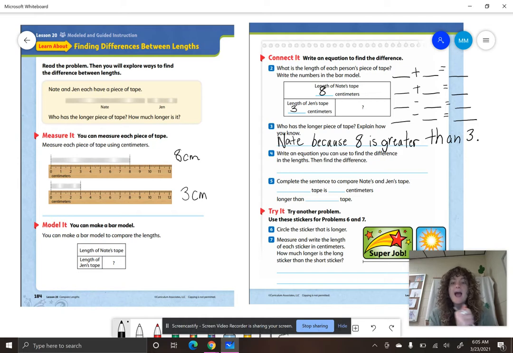So let's look at our bar model. It says that Nate's tape was 8 centimeters. We know that 8 is the greater number. Looking at the bar model, is 8 a part or is it our whole that we are comparing? It is our whole. So in our addition sentence, Smarties, where will 8 go in our equation?